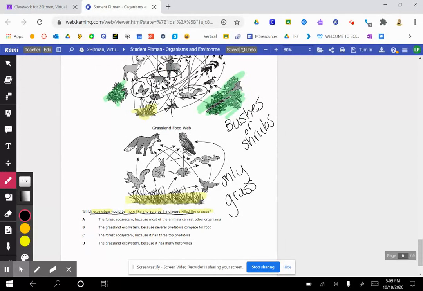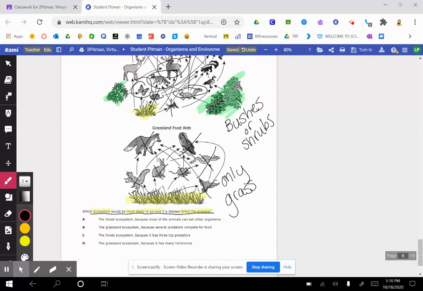If I look down here at this one, well, all of these herbivores right here only have a food source coming from the grasses. And if all of these guys die, eventually everyone up here is going to die as well. So it's not looking good. So let's take a look at our answer choices.